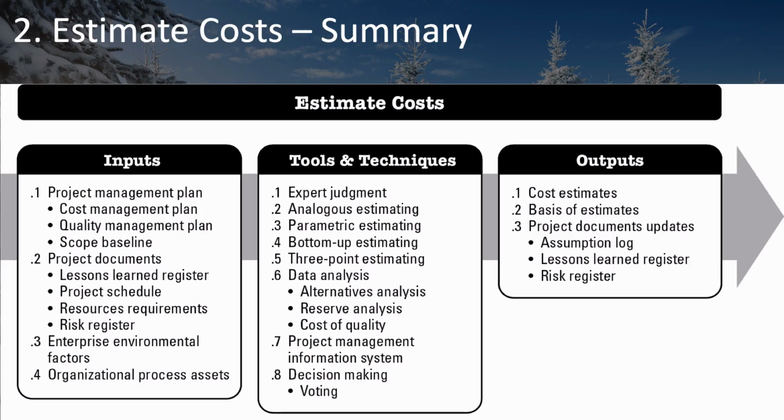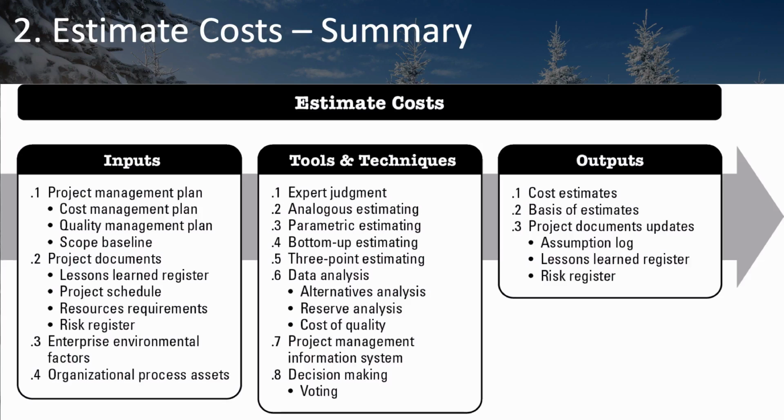You'll also have your project schedule, because you'll need to know how long you expect things to take in order to estimate costs, as well as your resource requirements to know their resource costs. And your lessons learned register and risk register that can provide information that can affect your cost planning. And as always, your enterprise environmental factors and organizational process assets.